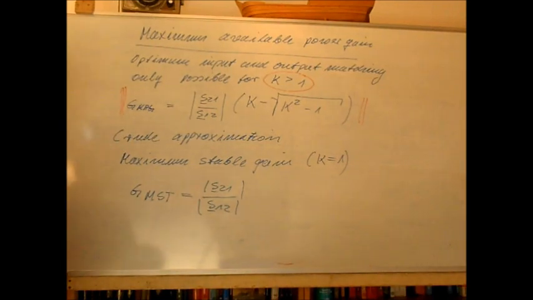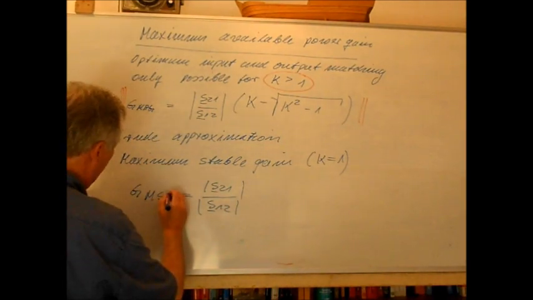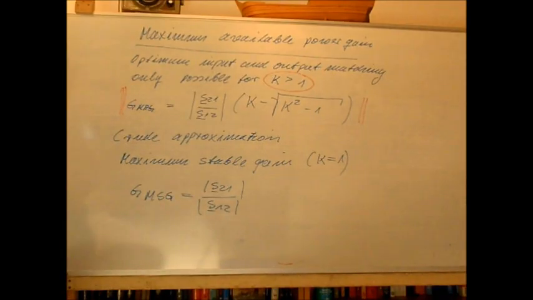Sorry, here just a G must be written, so this is the maximum stable gain here with the G. So we have the maximum available gain and the maximum stable gain here.